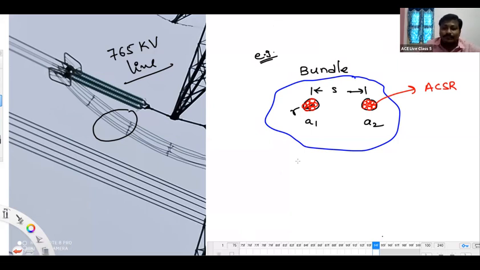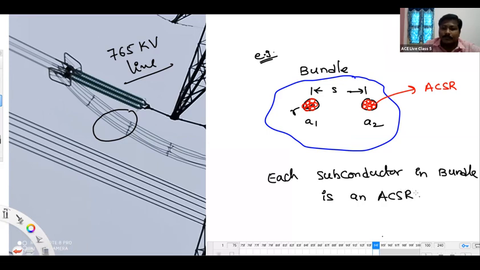So each subconductor in the bundle is an ACSR conductor. This is the end of the discussion of the bundle conductors. Almost everything has been discussed.